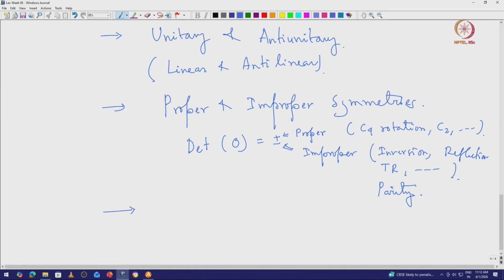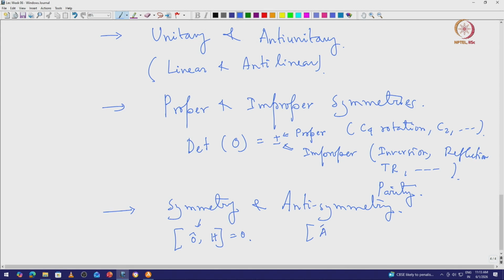And the final thing is symmetry and something that I will call anti-symmetry. So, this would be if I have a symmetry operator that commutes with the Hamiltonian, whereas if I have a symmetry operator that anti-commutes with the Hamiltonian, we will call it anti-symmetry.